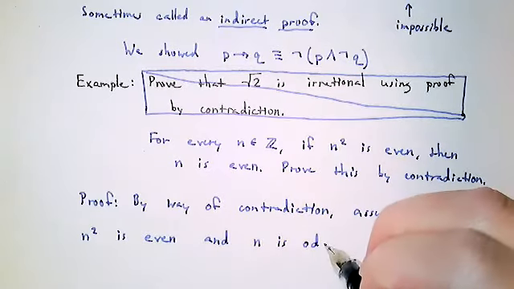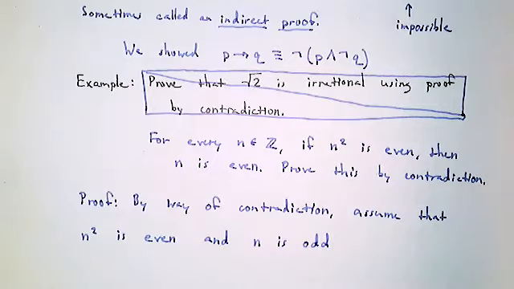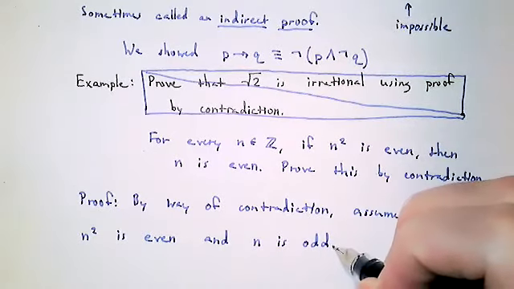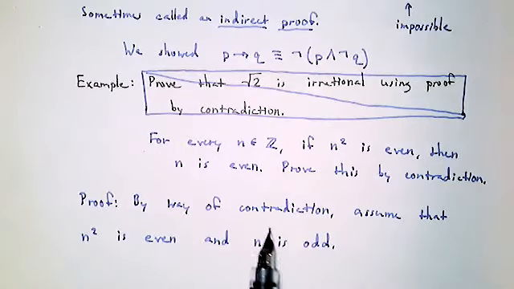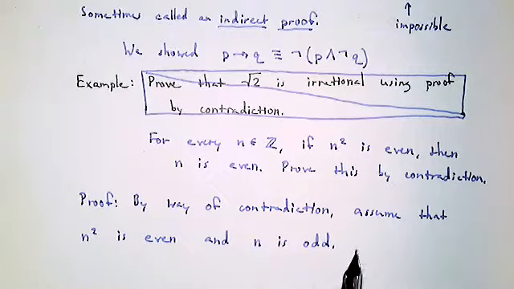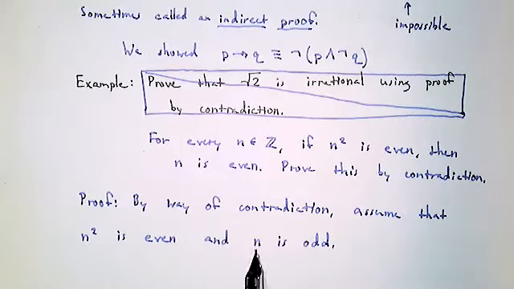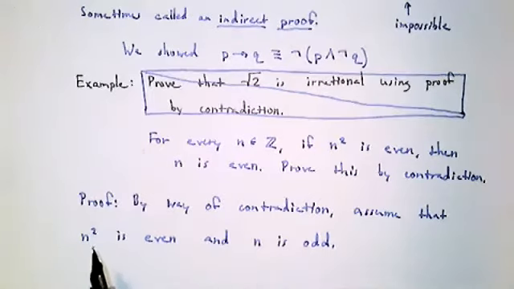So we're going to use these two facts to try to come up with a contradiction, to come up with a statement that's both true and not true at the same time, which is impossible. So what we want to do in this case is look at n and then try to square it to compare to n squared, because squaring a number, multiplying it by itself, is easier to understand than trying to take a square root.